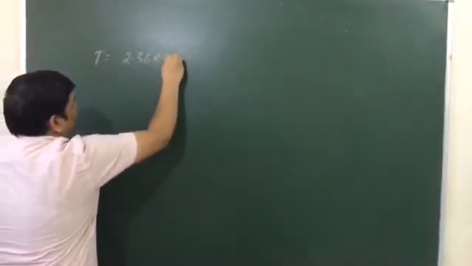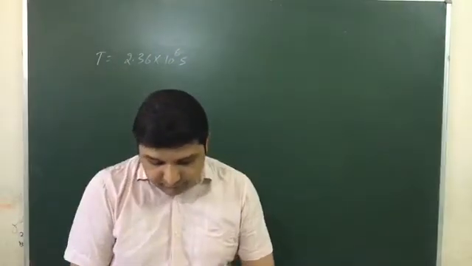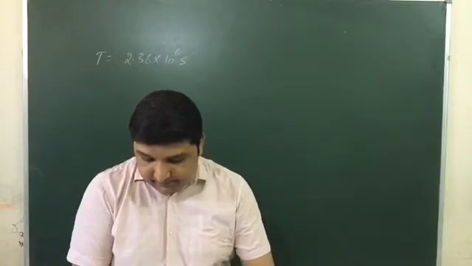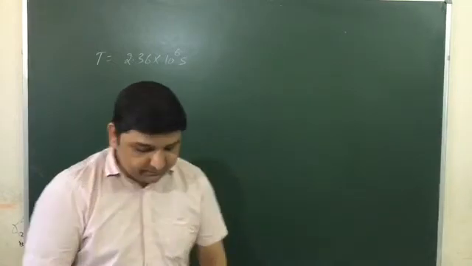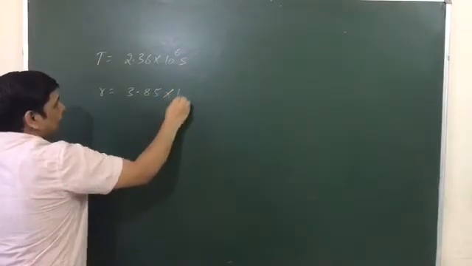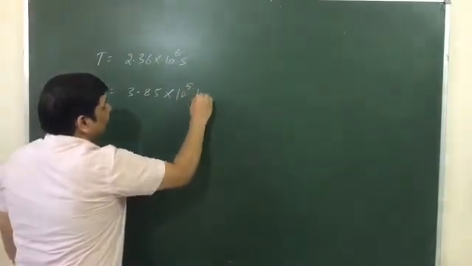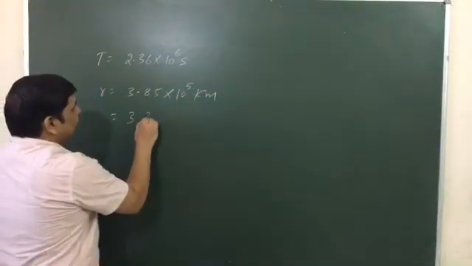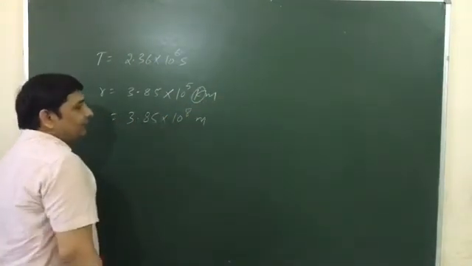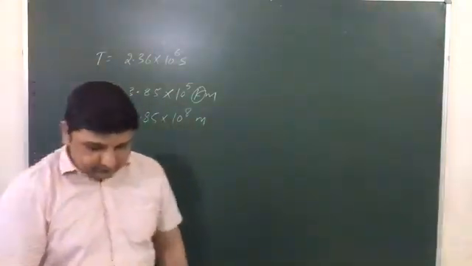Time period of revolution of moon is given, in a circular orbit of radius 3.85 into 10 raised to power 5 kilometer, or 3.85 into 10 raised to power 8 meters. 1 kilo means 10 raised to power 3. Therefore, radius in terms of meter.